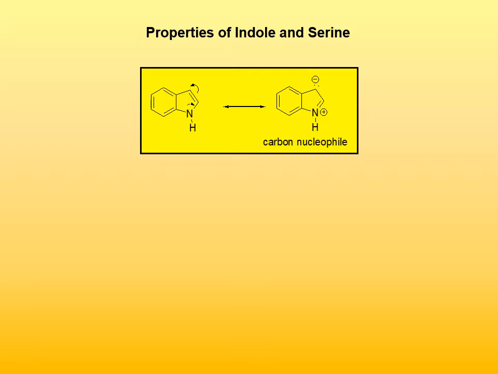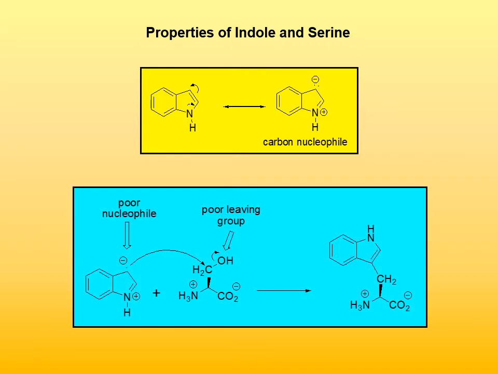That electron pair, due to the localization, makes carbon 3 of indole a nucleophile. So that carbon can donate a free electron pair and act as a nucleophile to form a new, for example, carbon-carbon bond in this case.